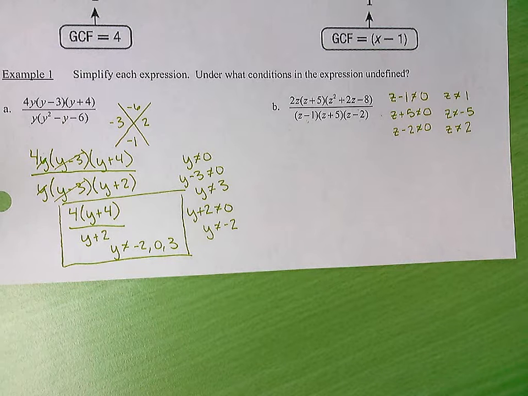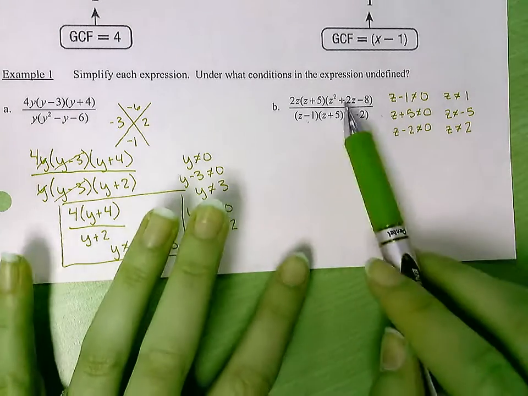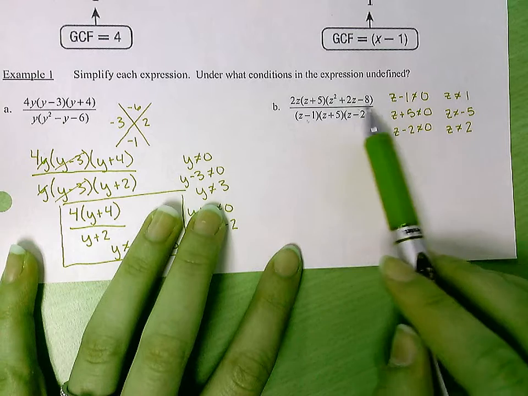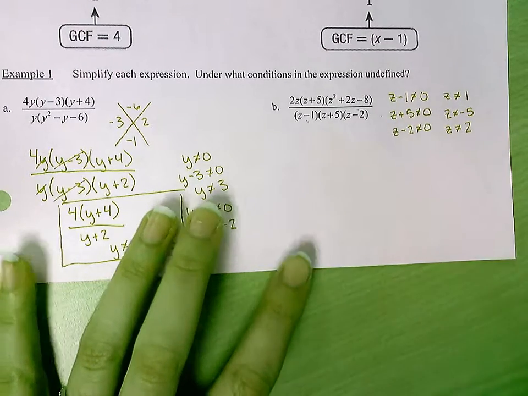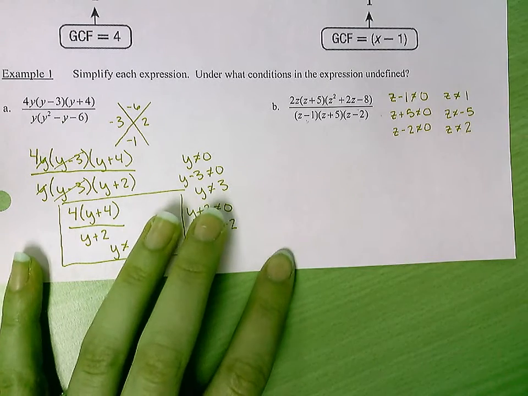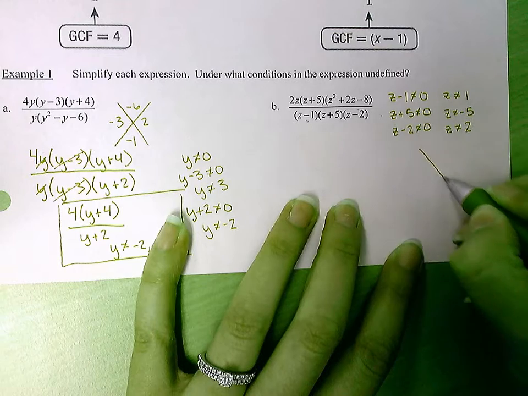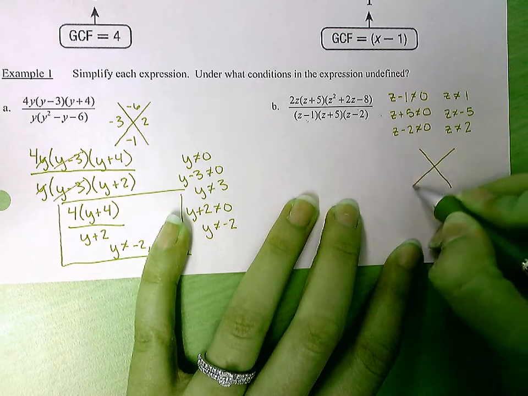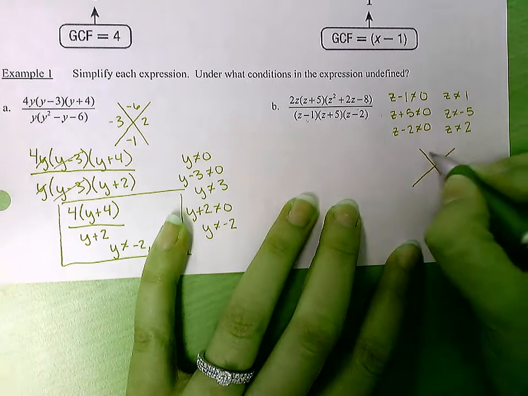Okay, so now what I want to do is factor if I'm able to factor. So I still have this z squared plus 2z minus 8 in the numerator, and I can factor that. Okay? So again, if you need to use your x method, your last number goes on top.